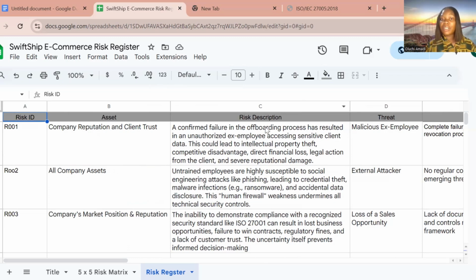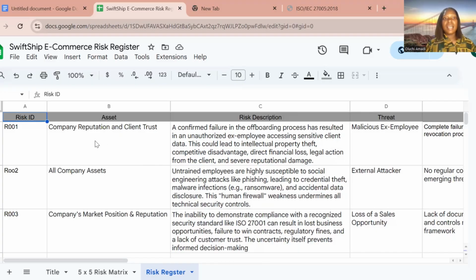This is a description of the scenario: a confirmed failure in the offboarding process has resulted in an unauthorized ex-employee accessing sensitive clients' data. This could lead to intellectual property theft, competitive disadvantage, direct financial loss, legal action from the client, and severe reputational damage. So this is describing the risk that you found.